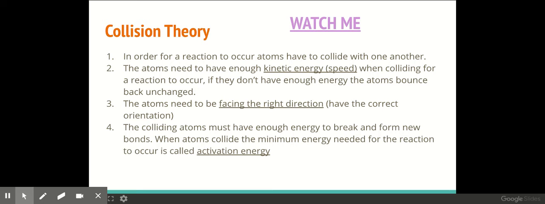In fact, when you use a catalyst, one of the main things that a catalyst does is it speeds up a reaction by reducing the activation energy, and it does this by helping to facilitate that facing the right direction and orientation so that the bonds can be broken and new bonds can be formed at a lower kinetic energy.